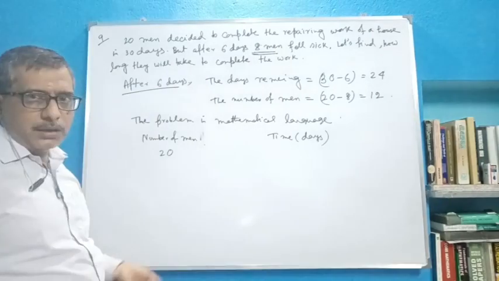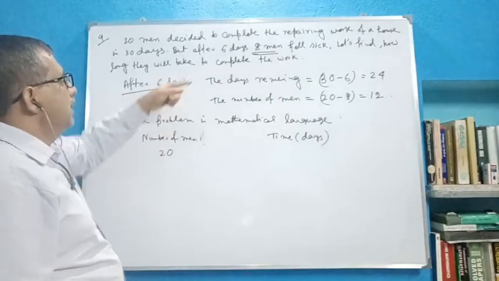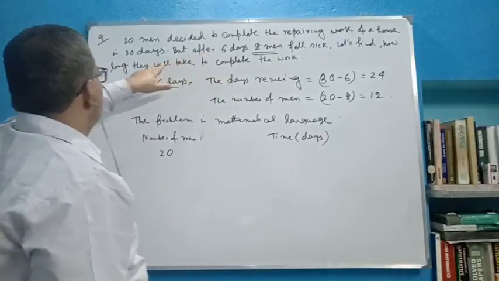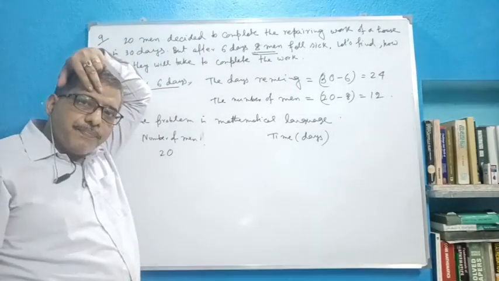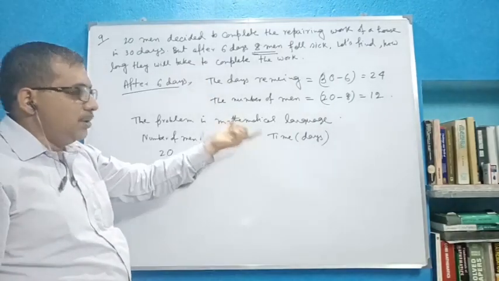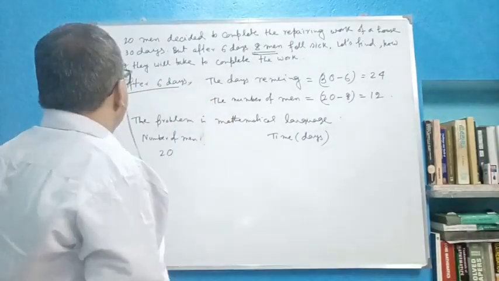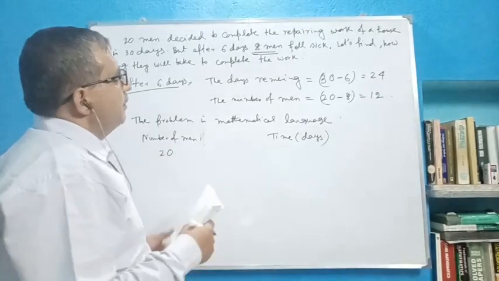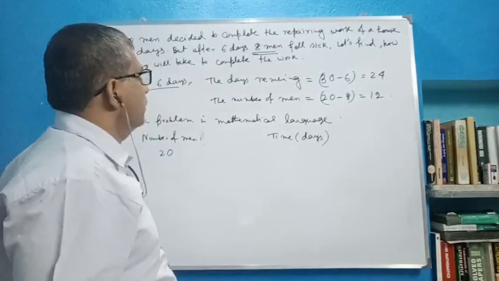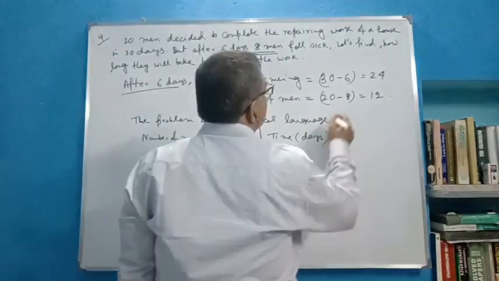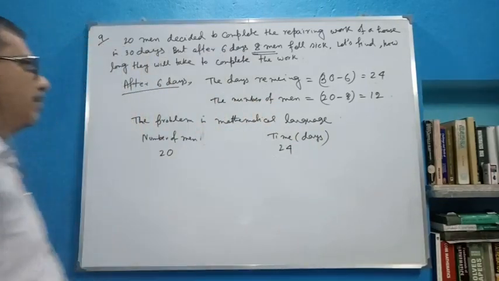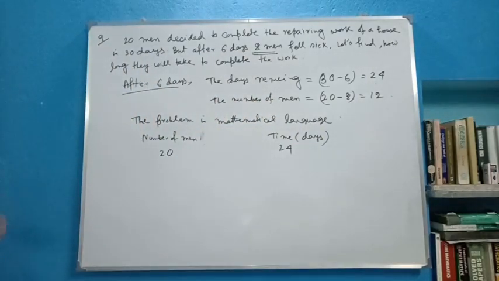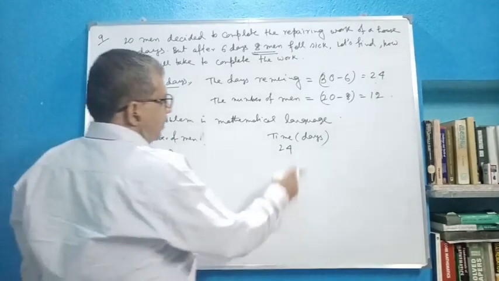So the remaining work must be completed within the scheduled time. So if the number of men is 20, then the remaining work obviously must be completed within 24 days. Keep it in your mind, we calculate those things after 6 days. So this remaining is 24.